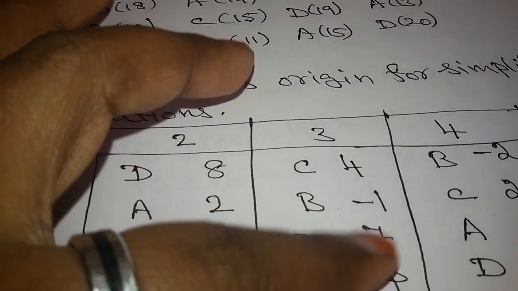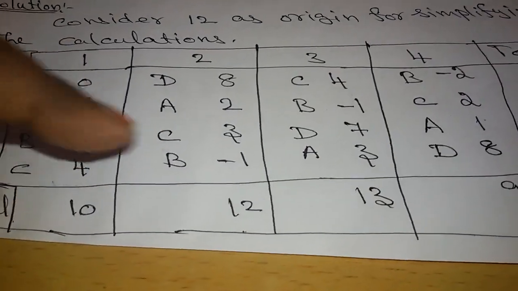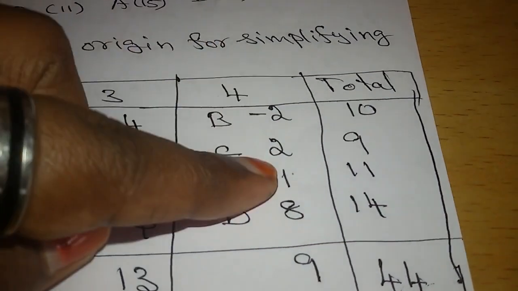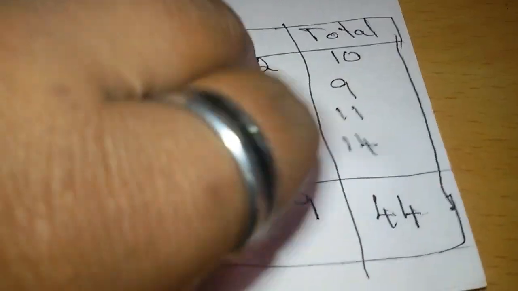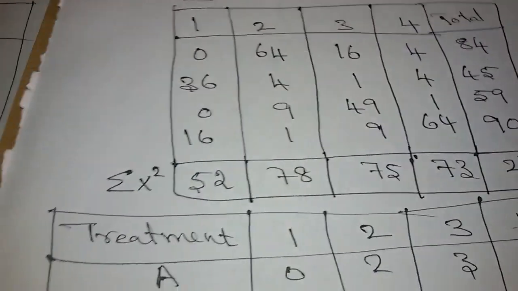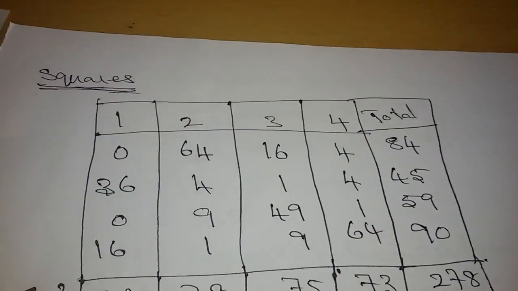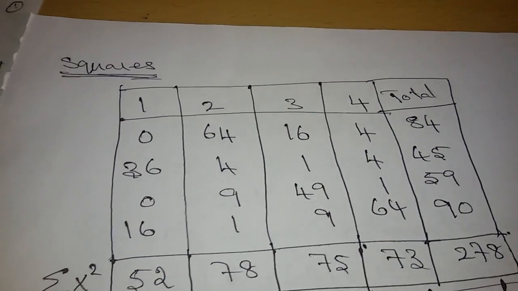Likewise, you have to find the values for all the remaining columns, and also find the column totals, row totals, and the total of these values. So you are having 44 here. Next, you have to find the square values of the previous table values.